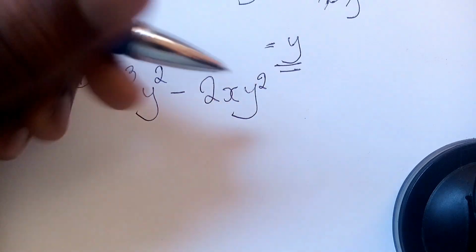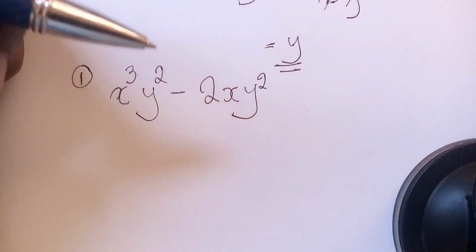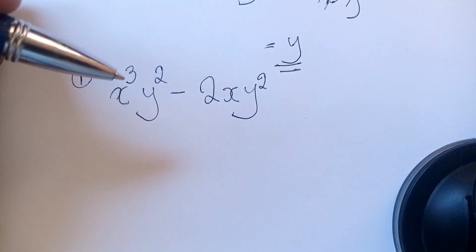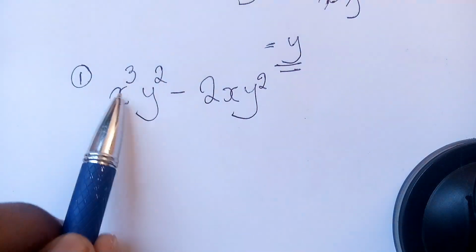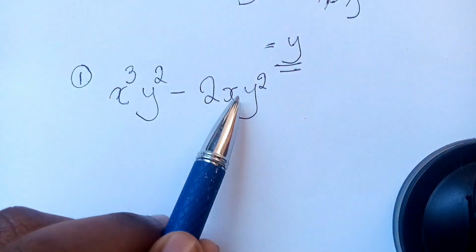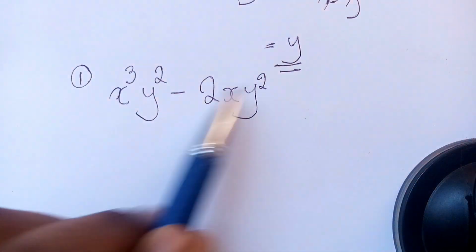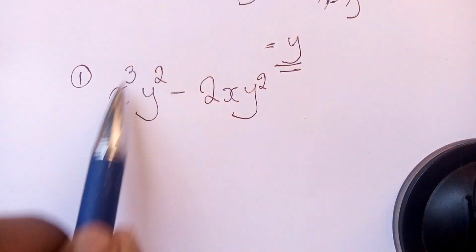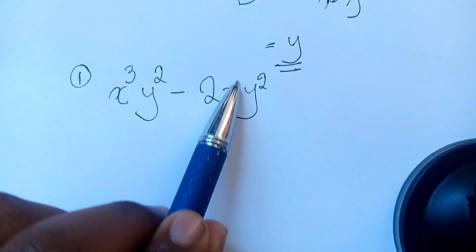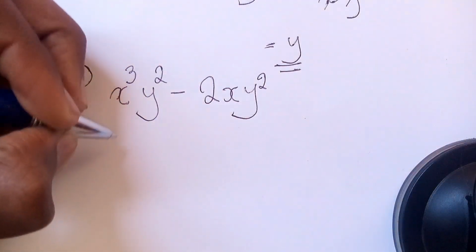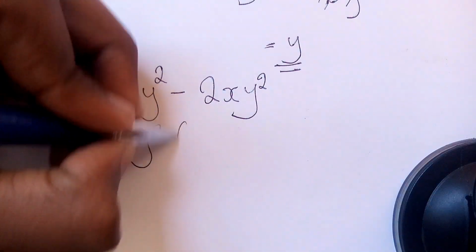So what are the common factors in this term? If you say the common factors are xy squared, then you're correct, because we have x cubed there, then there we have 2xy squared. So y squared can go into both terms. Since we have x to the power 3 and here we have x, which is the same as x to the power 1, it will just be xy squared.